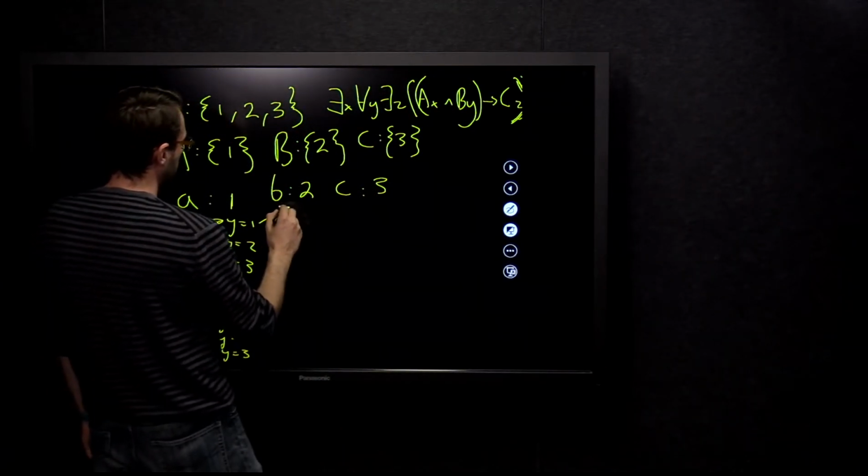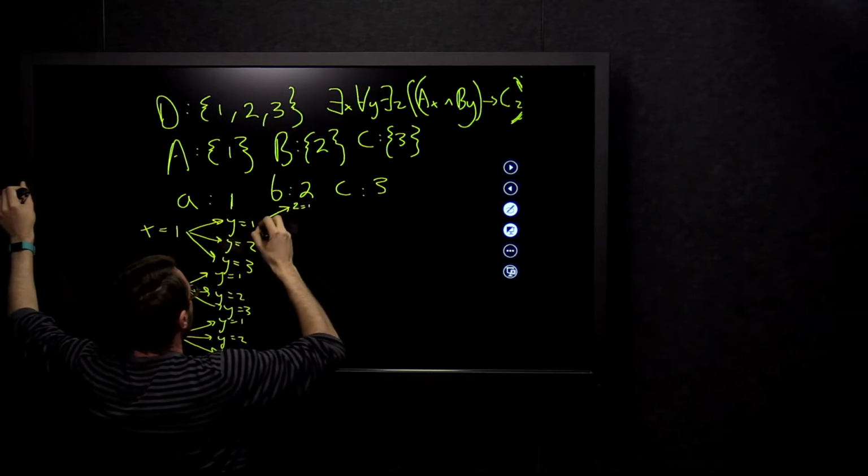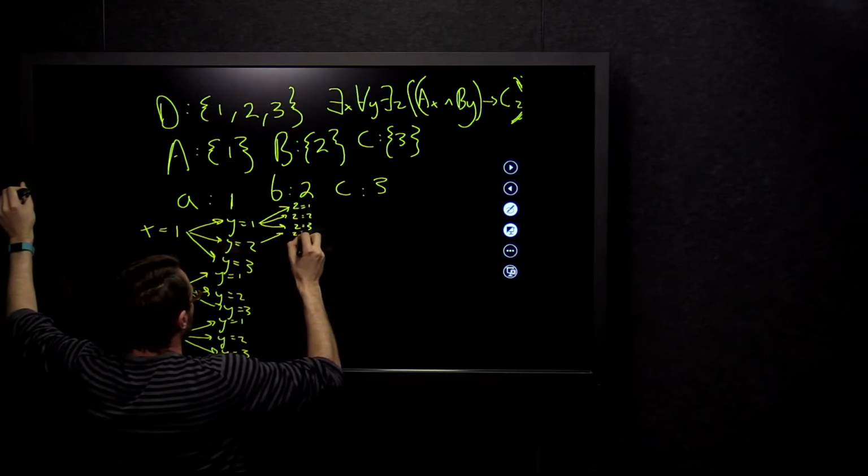Okay, so I'm going to put in these values for z. So z can equal 1, z can equal 2, z can equal 3, all the way along.